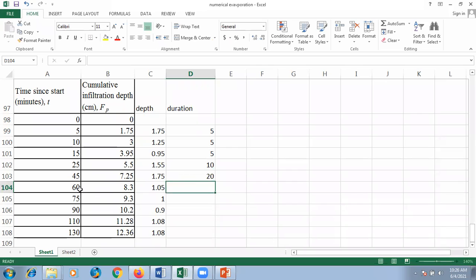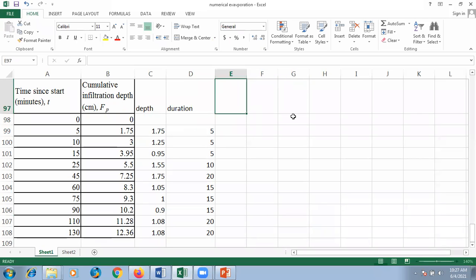Then 60 to 45, 15 minutes. 75 to 60, 15 minutes. 90 to 75, 15 minutes. 110 to 90, 20 minutes. 130 to 110, 20 minutes. So this is the duration in which so much depth has gone into the soil.